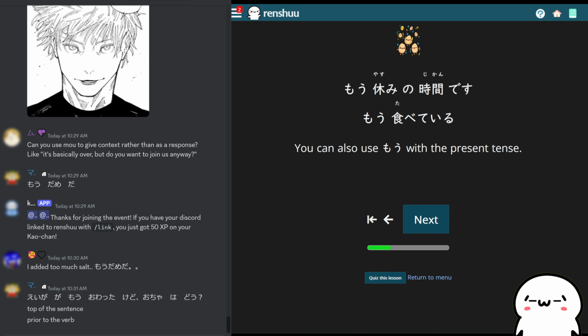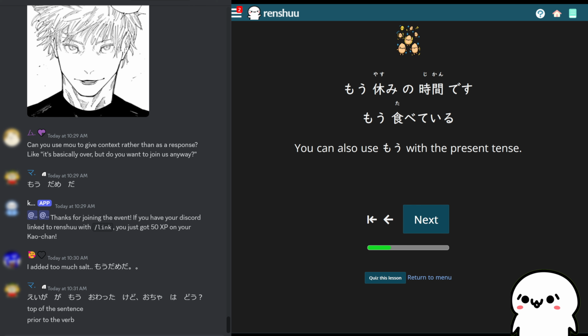I'd say prior to the verb is more often. You'll see that more commonly. However, sometimes, and it provides a slightly different emphasis, which we won't get into today, you'll see at the top of the sentence. So the example I have on the screen, eiga ga mou owatta, it's right there in front of the verb.